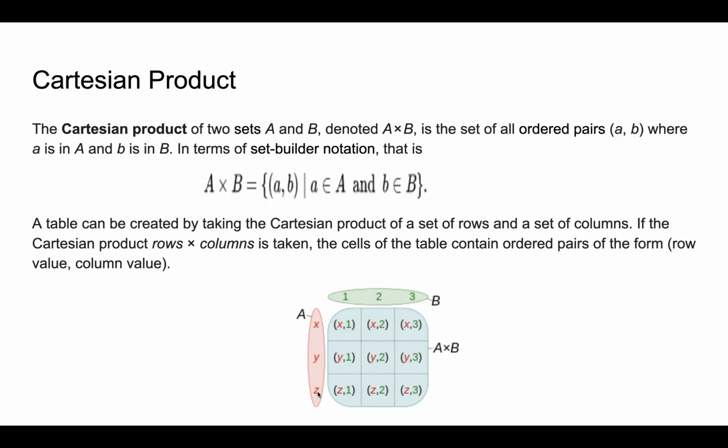Then row Z with column 1 gives Z1, then Z2, and Z3. All these are the elements of the Cartesian product A cross B.